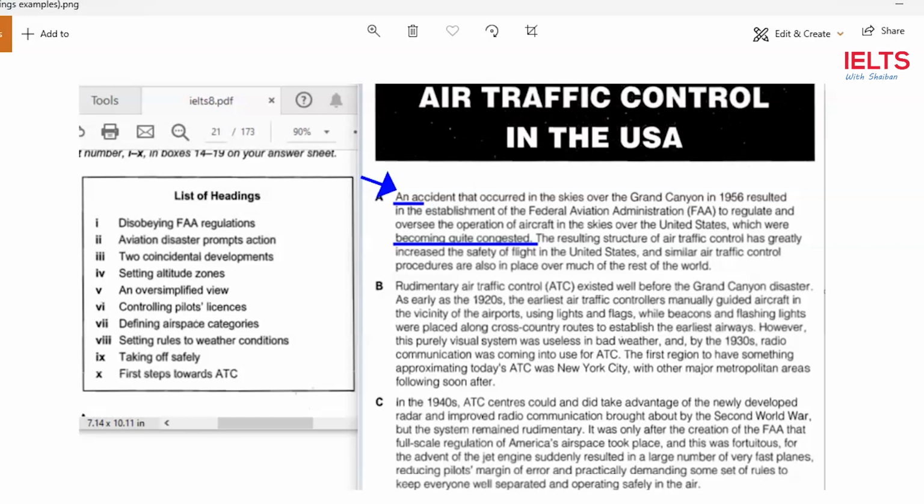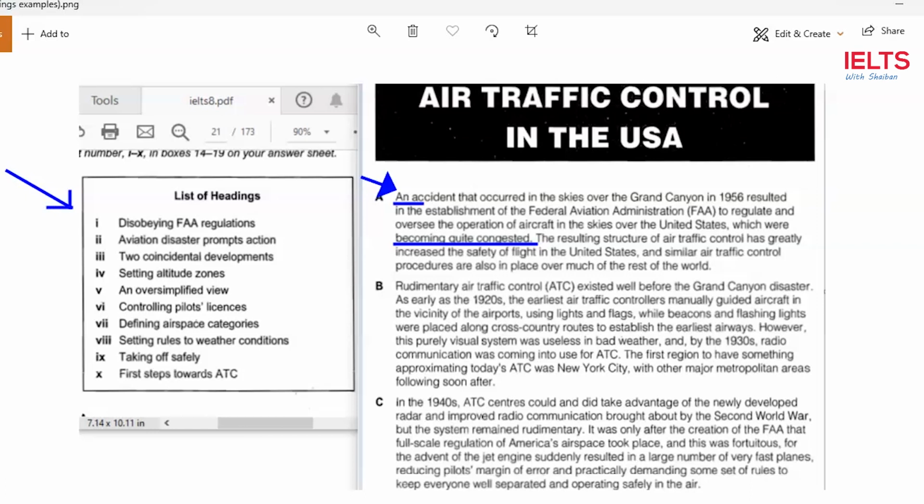So, what is the main idea in here? When we go to the list of headings, we have a technique, I call it to answer by exclusion. الإجابة بالاستبعاد.